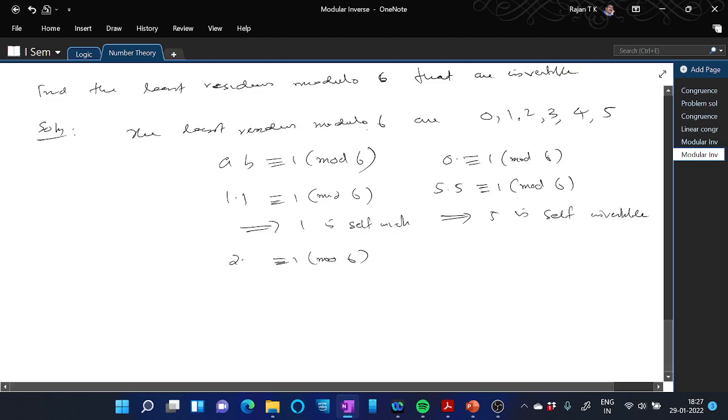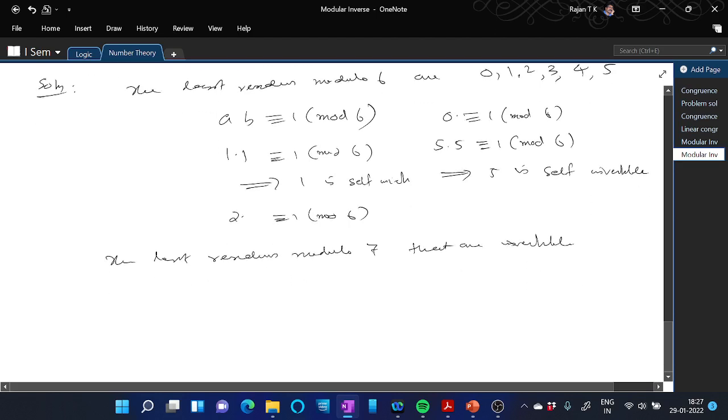In the place of 6, suppose it is 7, or finding the least residues modulo 7 that are invertible. The least residues modulo 7 are actually 0, 1, 2, 3, 4, 5 and 6.